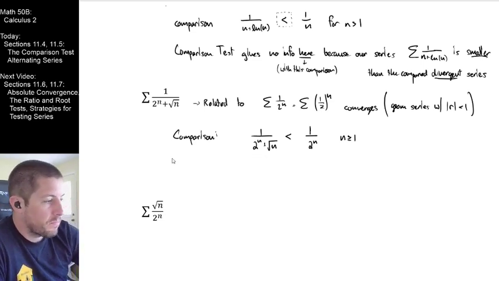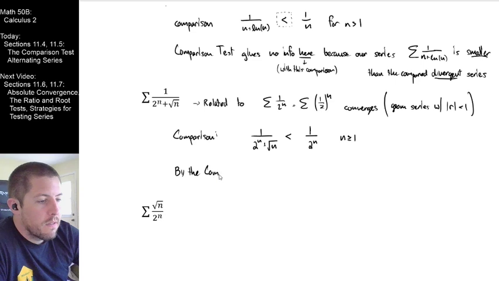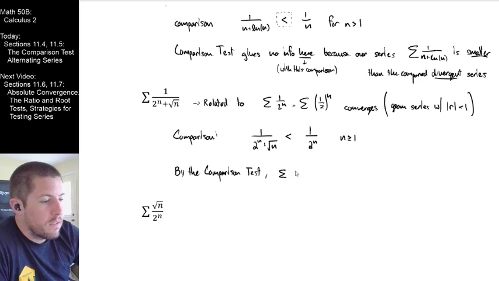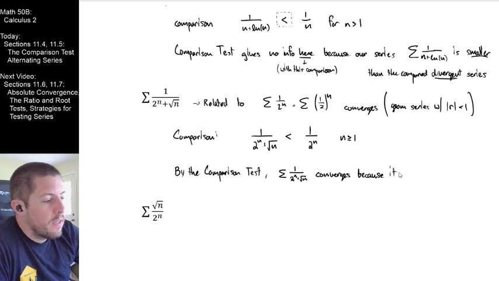So, by the comparison test, the series 1 over 2 to the n plus square root of n converges because it is smaller than a known convergent series.